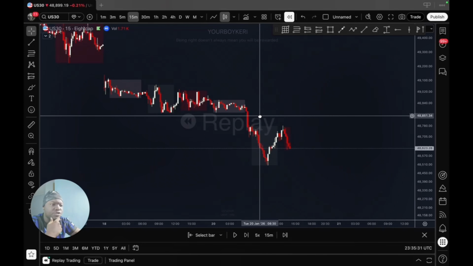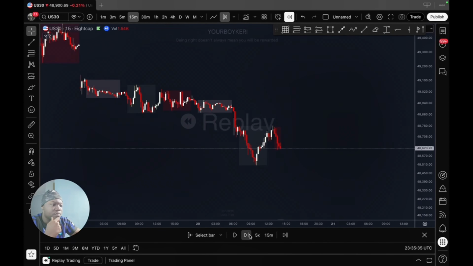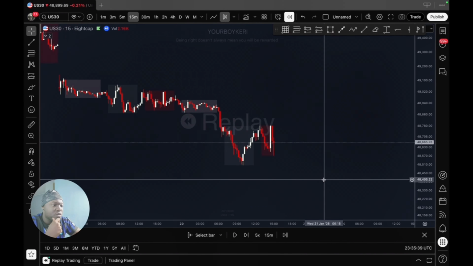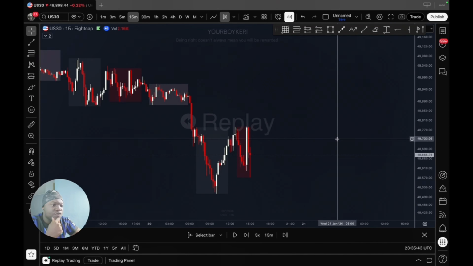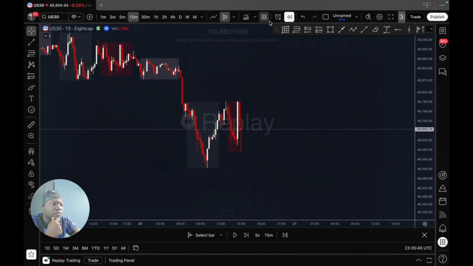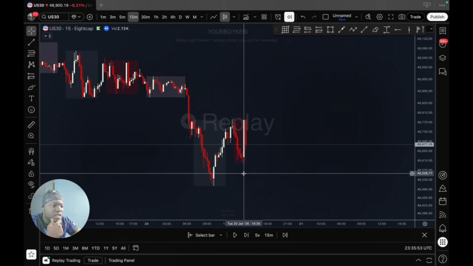Alright, so over on TradingView, this was the first setup, right? This was the 9:30 candle open right here.